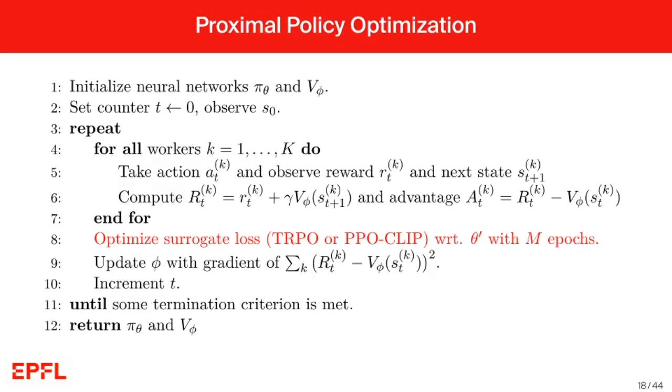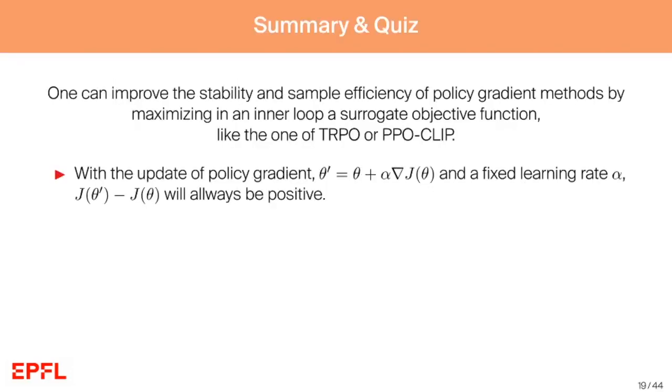Let me summarize this part and ask you a few questions. To summarize, one can improve the stability and the sample efficiency of policy gradient methods by maximizing in an inner loop a surrogate function like the one of trust region policy optimization or proximal policy optimization clip.